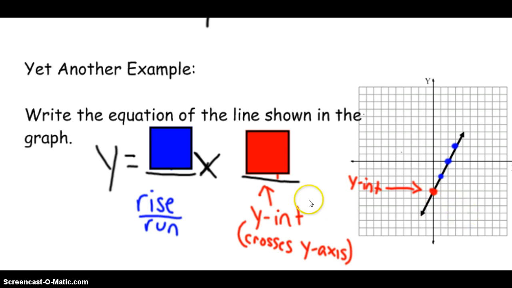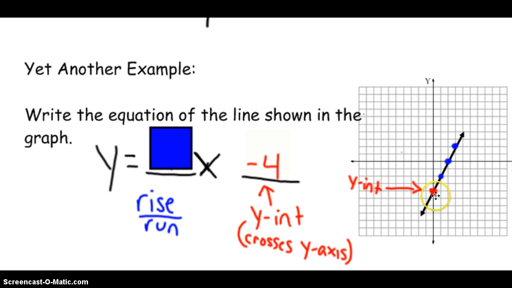That's correct, -4. Now just looking at the line, you can tell it's rising. If it's a rising line, we know that the number under this blue box will be positive. In order to determine what that number exactly is, let's count from the y-intercept to the next point on the line.